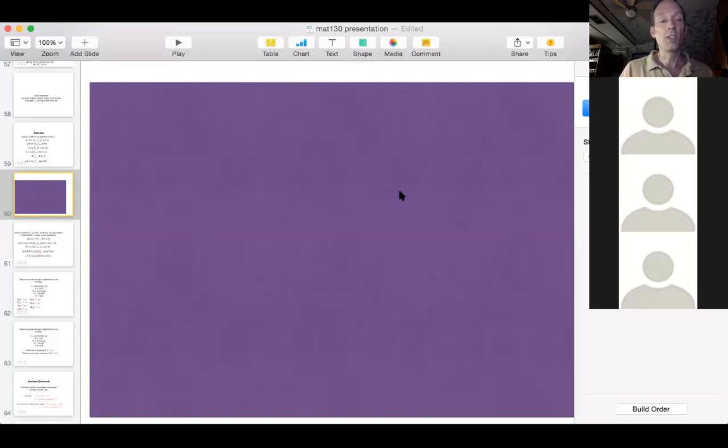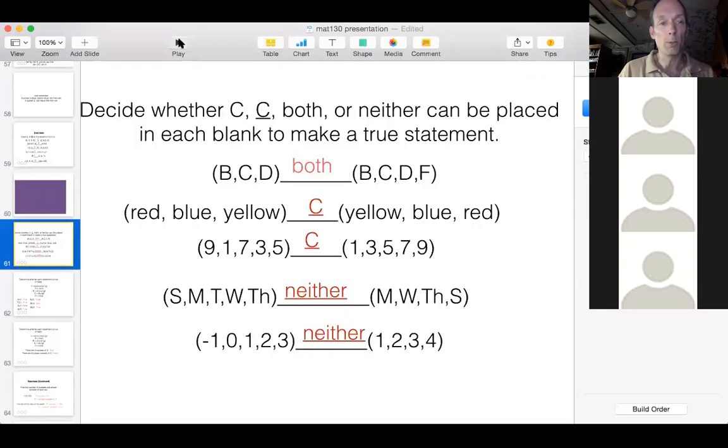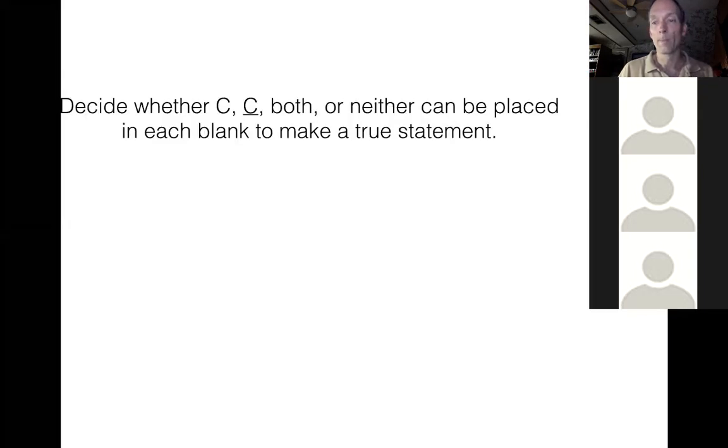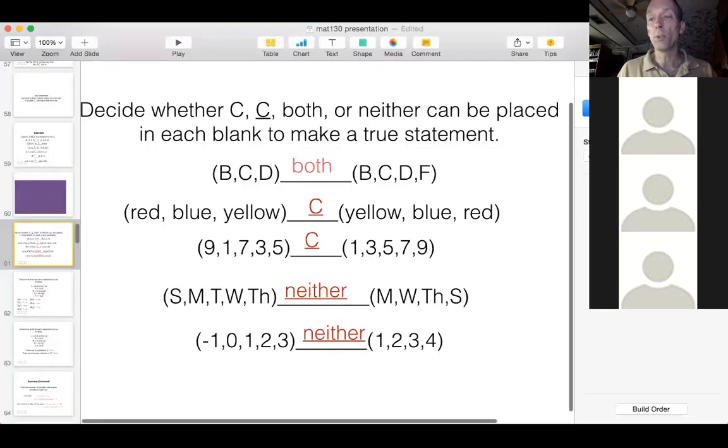So if you can't see that, let me know because it means something's wrong. I might not be able to see the chat screen at the same time, but we're going to see what happens. I'm just going to take a second to move some things out of the window.